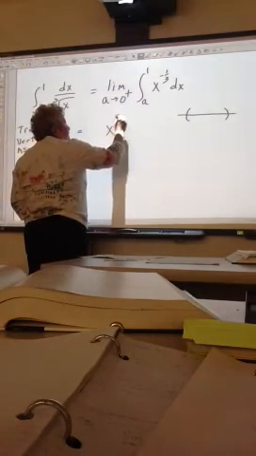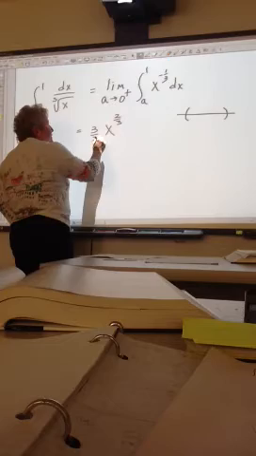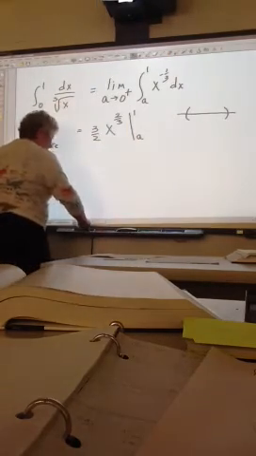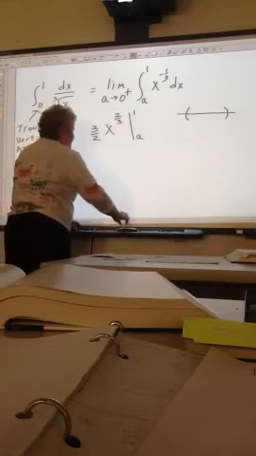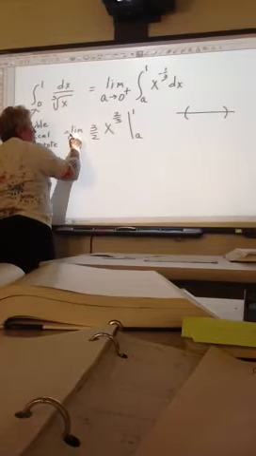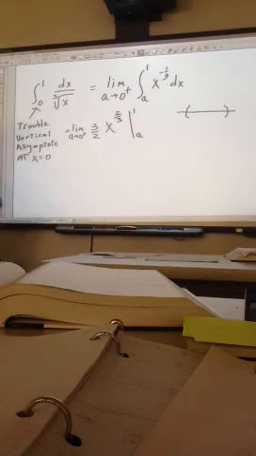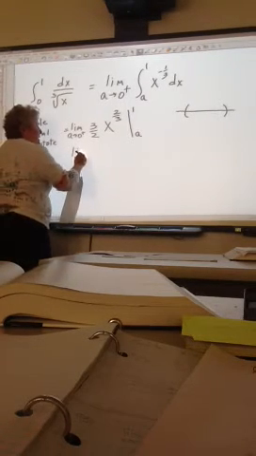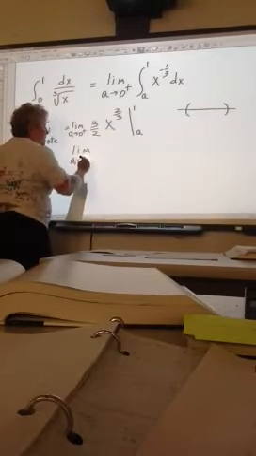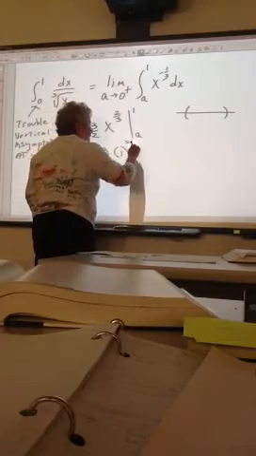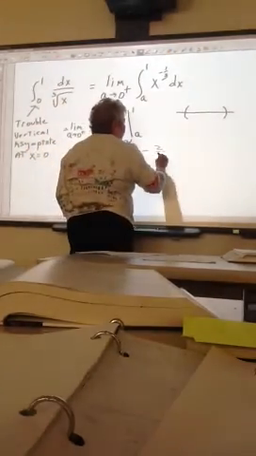So it's x to the 2/3 over 2/3, and we're going to evaluate from a to 1. Fundamental theorem says that you plug in the top number minus plug in the bottom number.